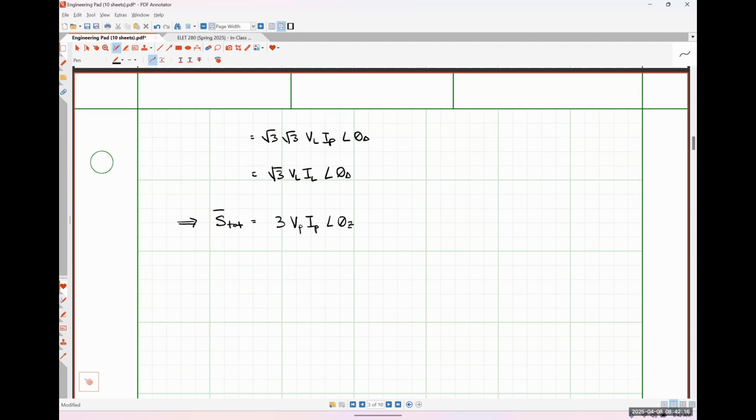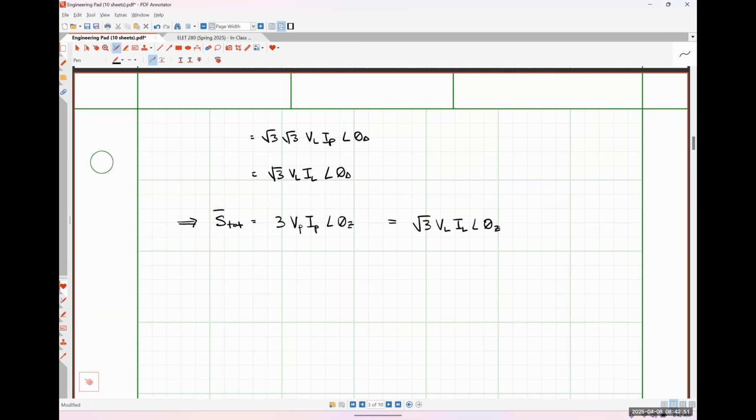It literally doesn't matter at all. Or it could be written as √3 VL IL angle theta Z. So I have one expression dealing with phase quantities and one expression dealing with line quantities. So depending on what I'm given or what's easiest to determine will tell me which of these two equations to use. Let's take this a step further, okay?